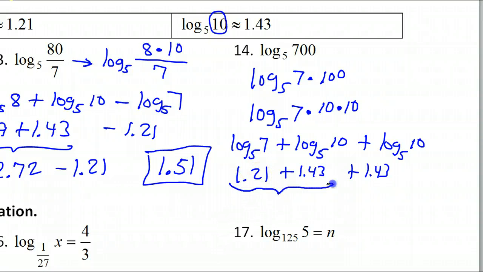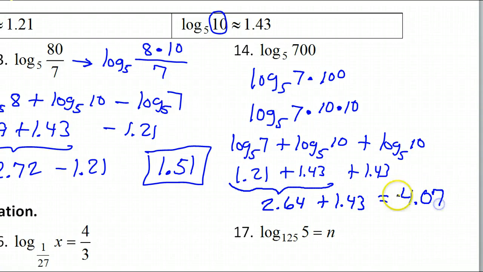Okay, so putting these two together, I've got 2.64. Okay, plus 1.43 is 4.07. Alright, that is the answer to number 14, guys.